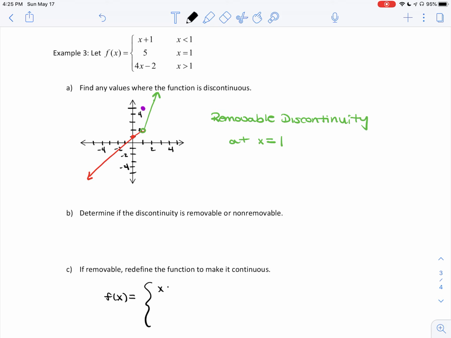So I'm still going to have x plus 1 when x is less than 1. And I'm still going to have 4x minus 2 when x is greater than 1. But instead of it being equal to 5 when x equals 1, I'm going to make it equal to 2 when x equals 1. Because again, that's going to take this point up here and instead put it right in that hole to make this a continuous function.